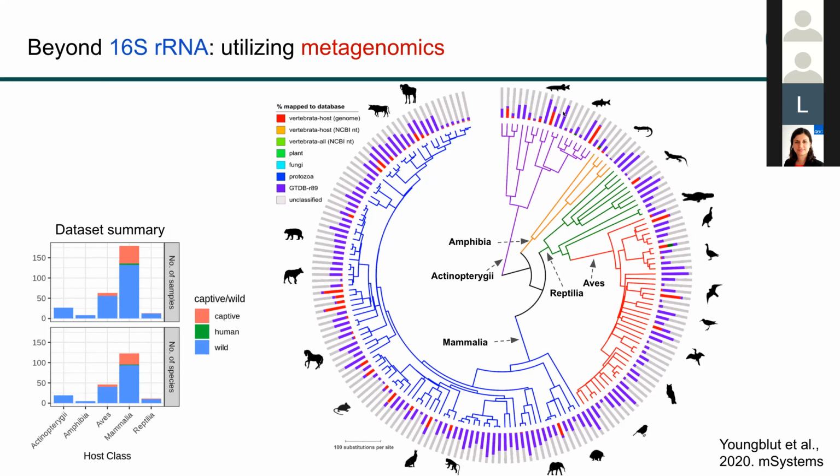Now in purple, that's the bacteria and archaea classified based on our custom GTDB database produced with Struo. You can see it varies quite a bit depending on the particular animal species, and it can vary even between relatively closely related animals. The gray on the outside is unclassified.